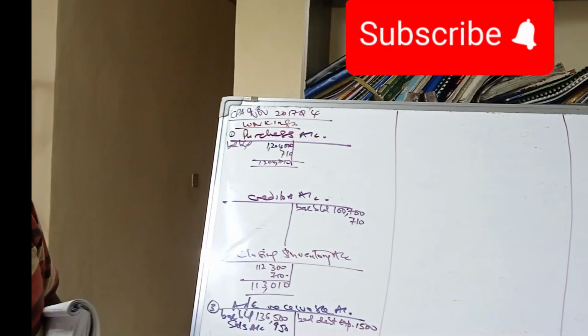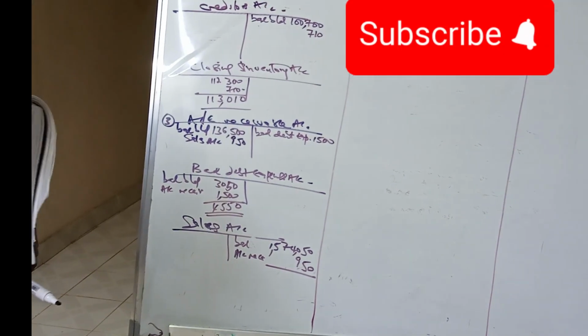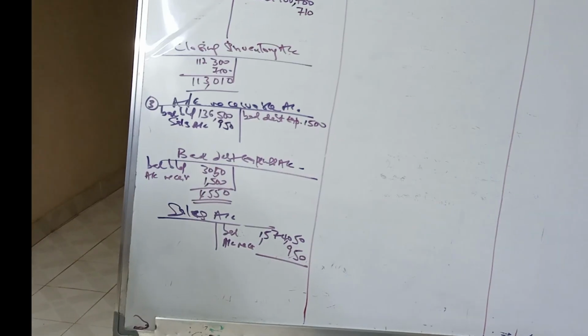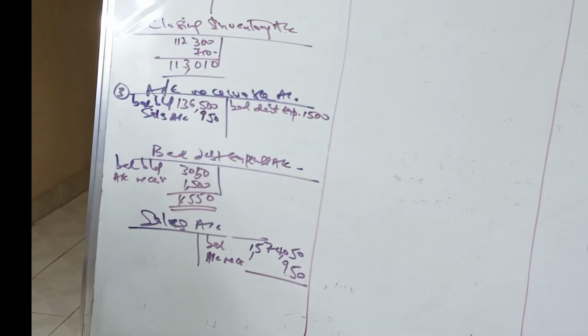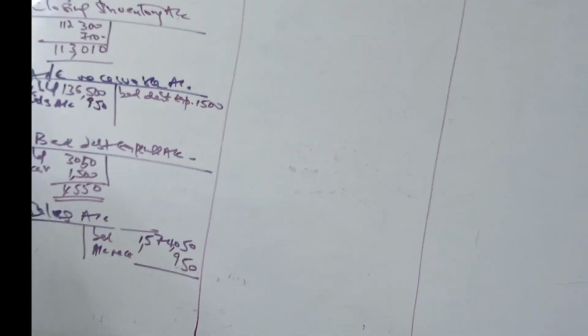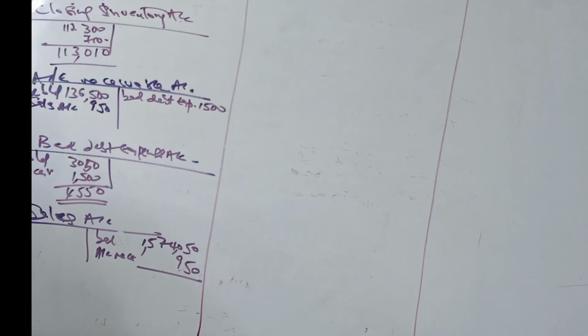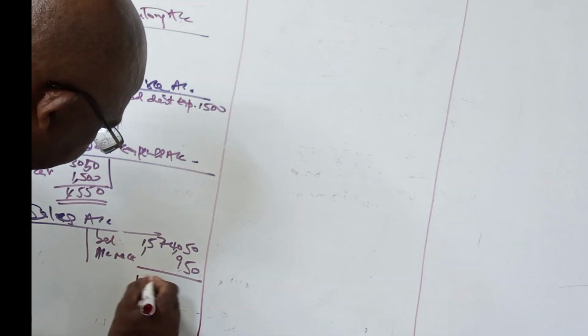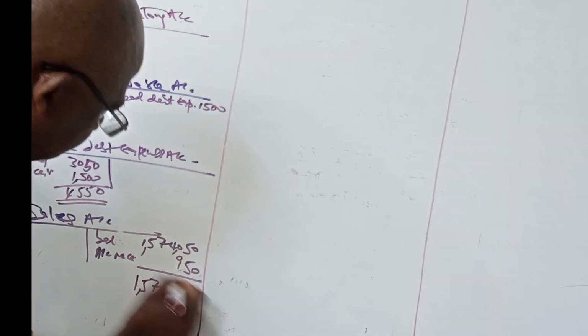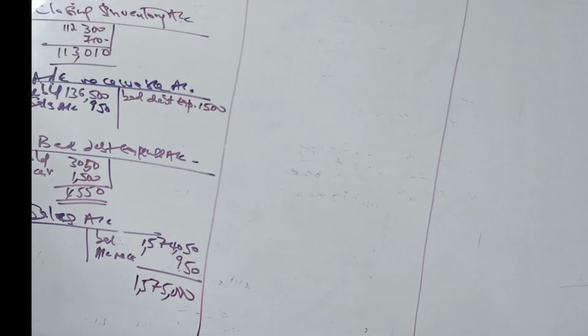So we say 1,574,050 plus 950, we get 1,575,000. Now, that is our sales.